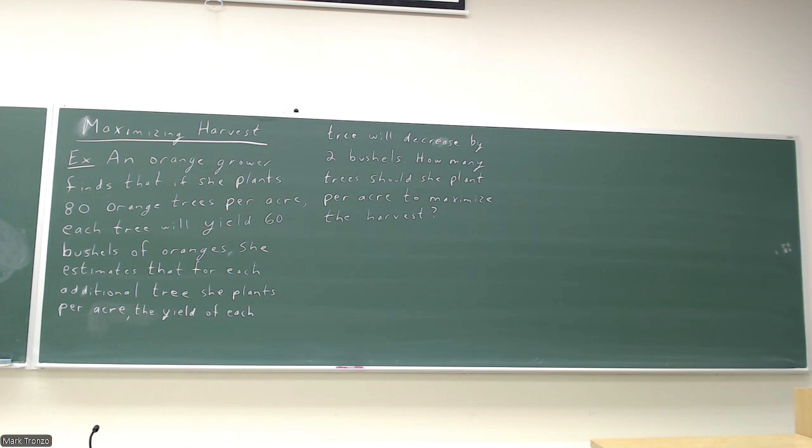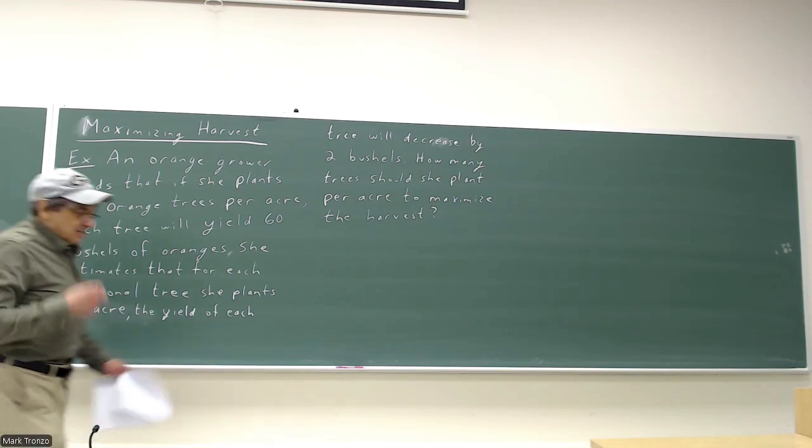So this is a case, again, where we're going to be maximizing the harvest. Ultimately, we have to calculate how many trees times how many bushels the trees produce to find the yield. So let's set this up.